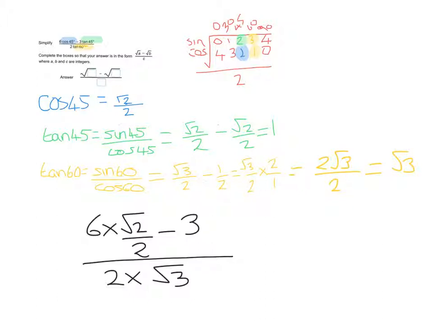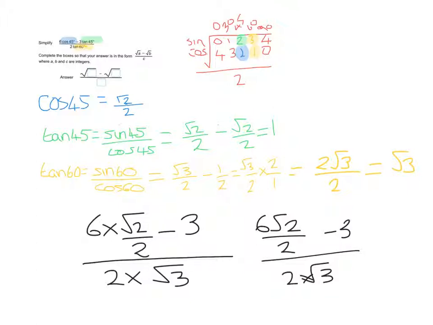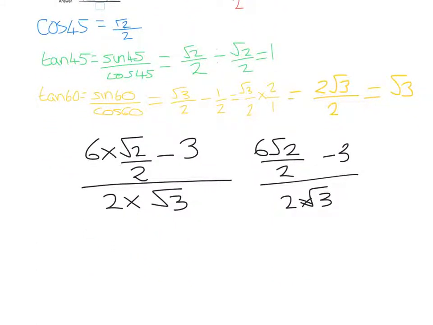So if I tidy this up a bit, I've got 6 root 2 over 2 minus 3 all over 2 root 3. Let me just move everything up again. So let me simplify this further, 6 root 2 over 2 is going to turn into 3 root 2, because they're both divisible by 2, 3 root 2, take away 3, all over 2 root 3.